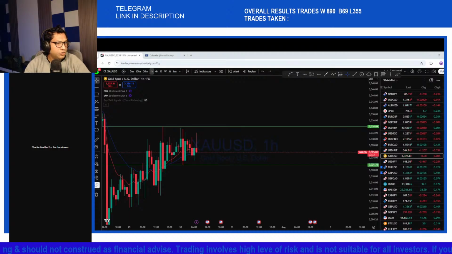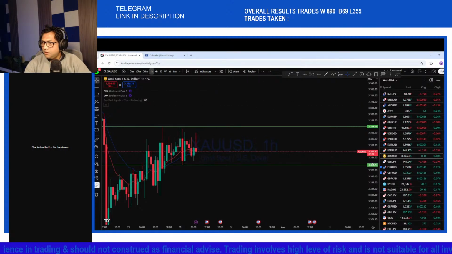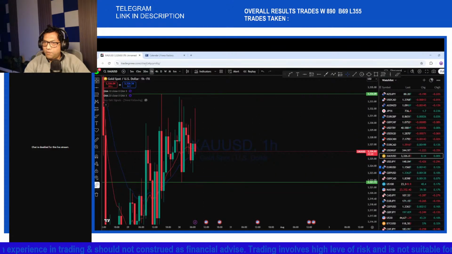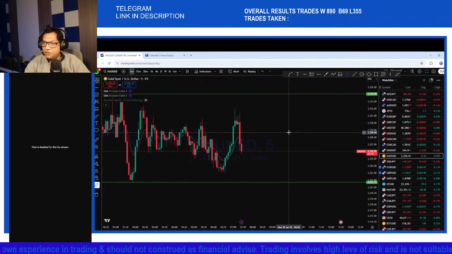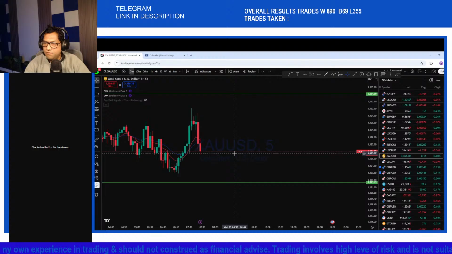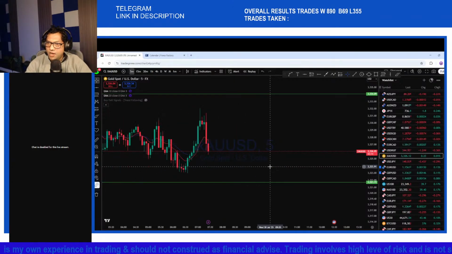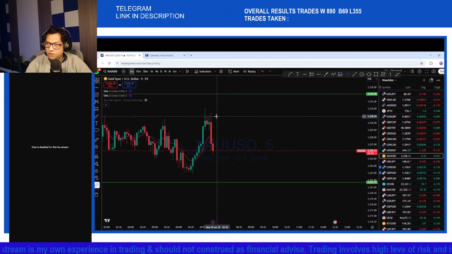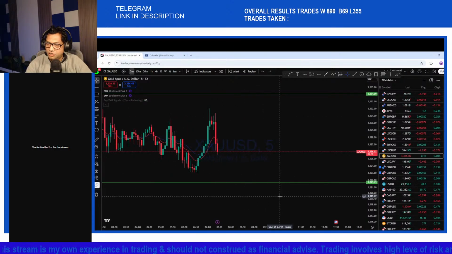Now looking at that here, we can see the market is in a sharp trend on the 5 minutes chart, maintaining that bearish market structure, and we will be looking at the overall picture in this market.